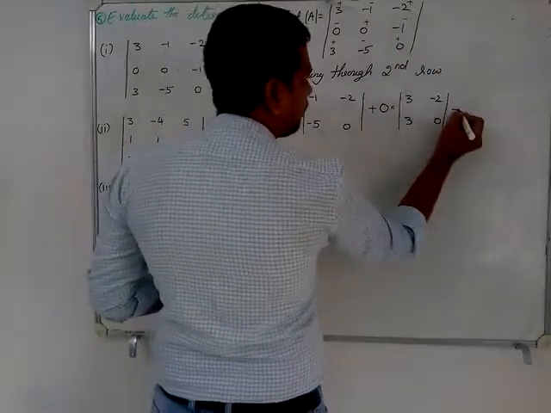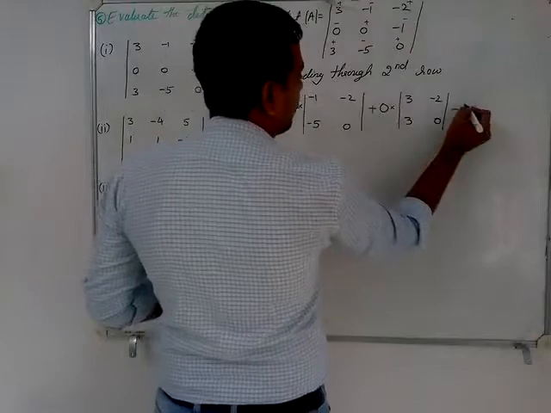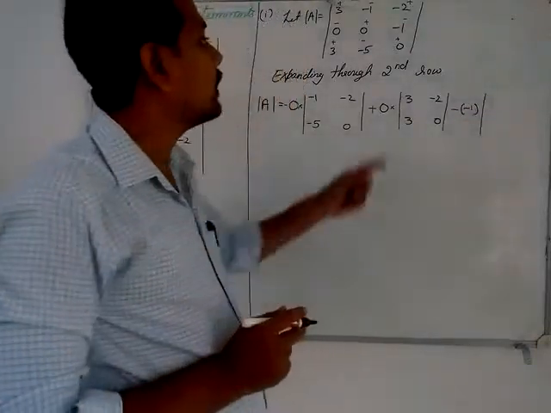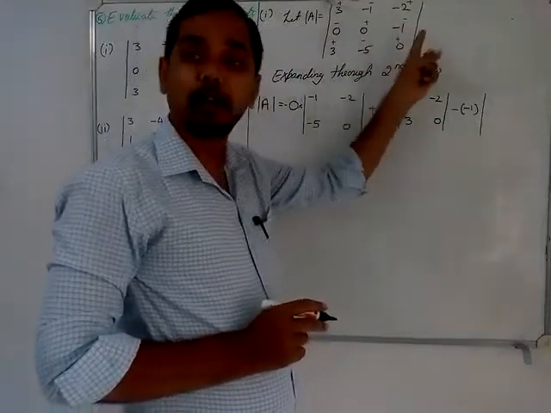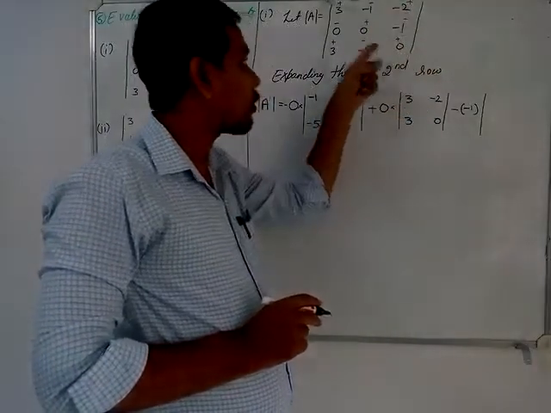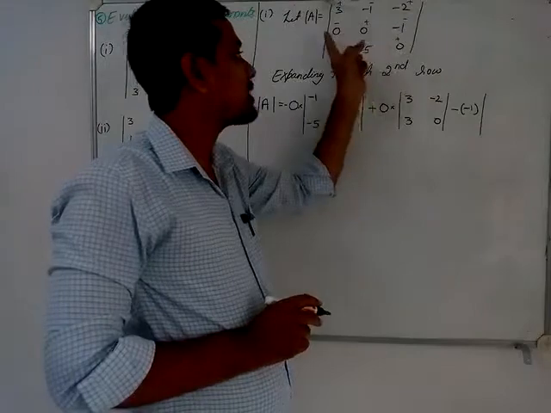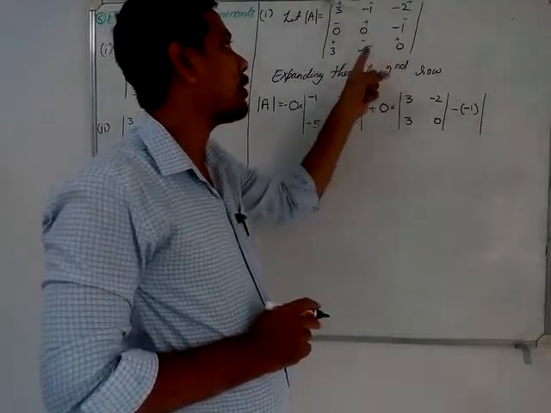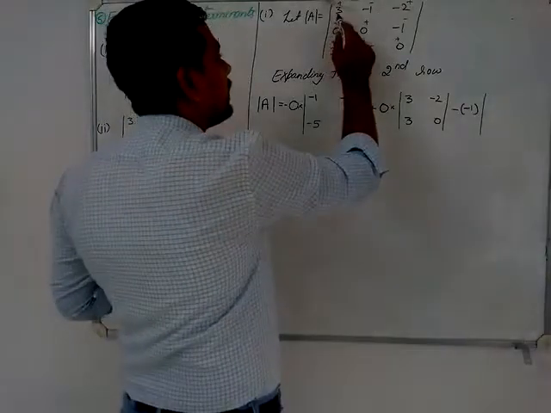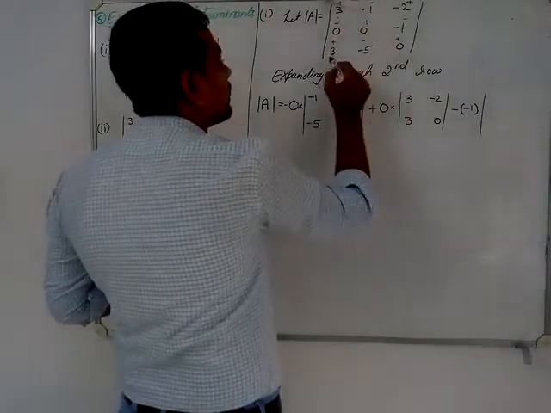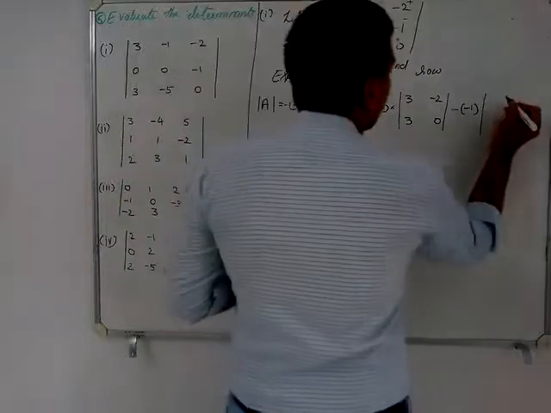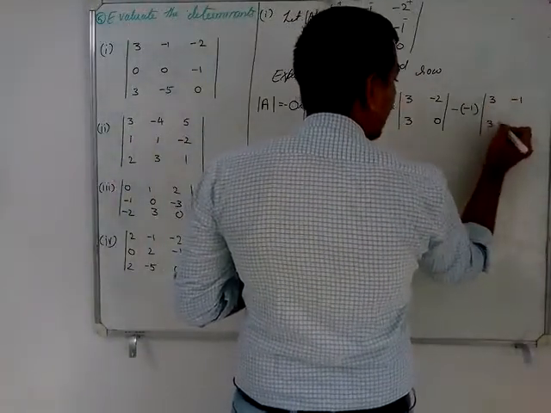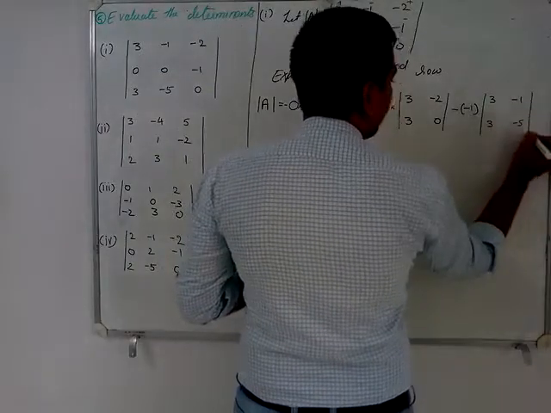Minus. What is the element? Minus 1. This minus 1 is in the second row and the third column. Neglecting the second row and third column, the elements left are 3, minus 1, 3, minus 5.